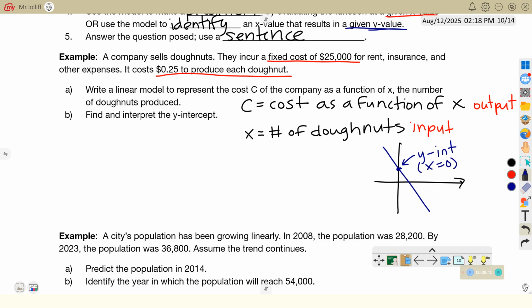In this problem, that means it is the cost for the donut company when it doesn't make any donuts. So how much does this company spend before it even rolls 1 donut off the line? $25,000. That's how much the rent and the insurance and all of that other fun back end stuff is. So my y-intercept B is my initial value.